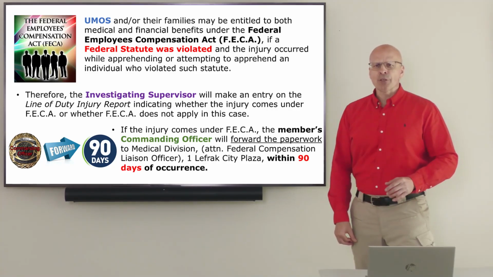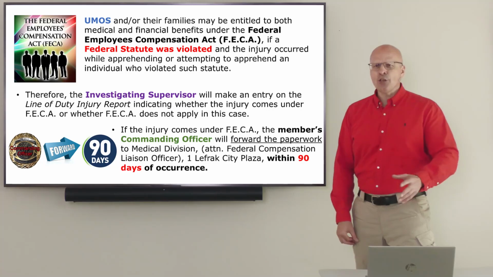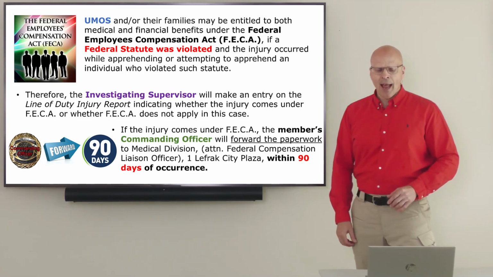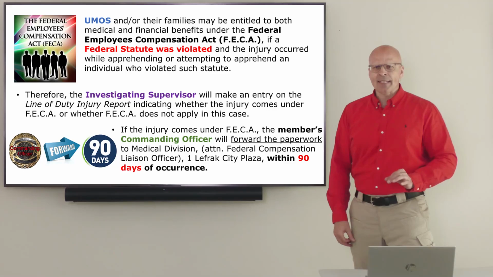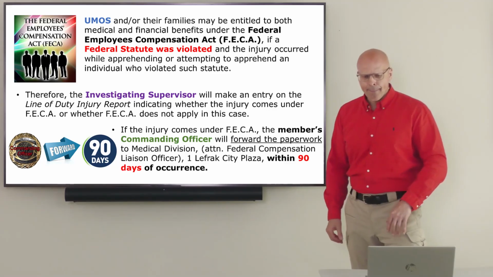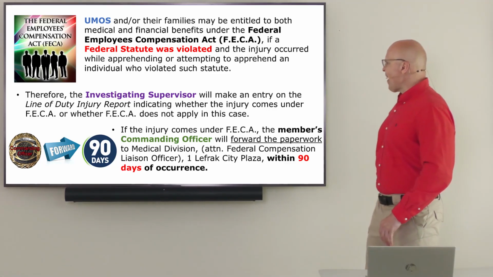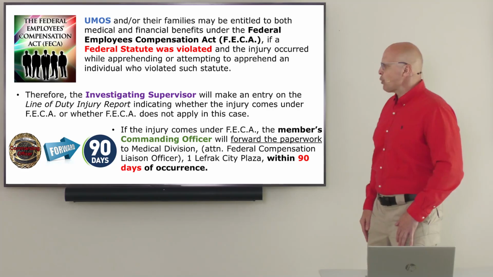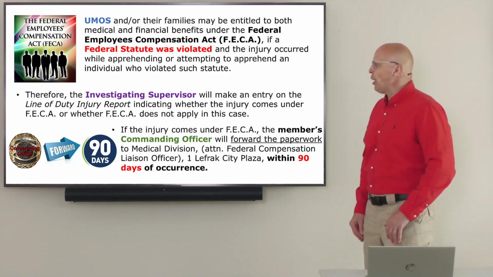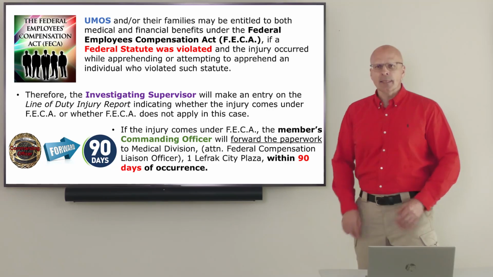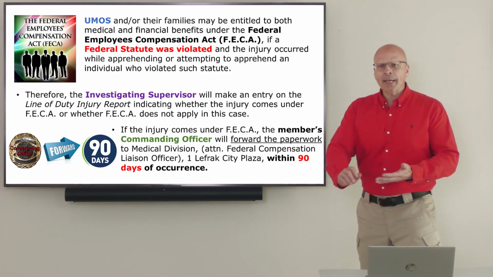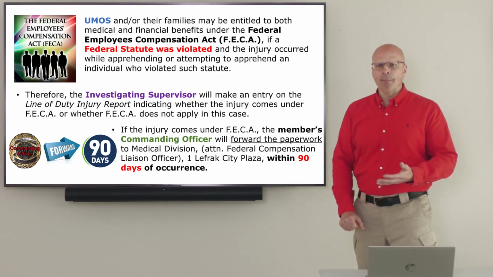So a bank robbery is a federal statute, and you get injured apprehending a perpetrator for that bank robbery. Well, the investigating supervisor has to document that. The investigating supervisor will make an entry on the line of duty injury report indicating whether the injury comes under the FECA or whether FECA does not apply in the case. He's got to indicate FECA applied here or FECA didn't apply here.